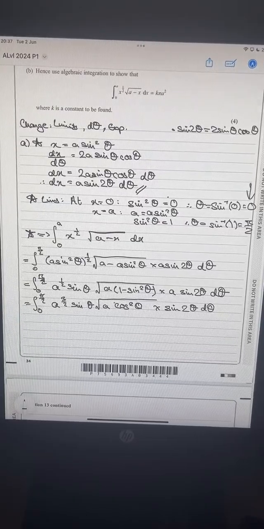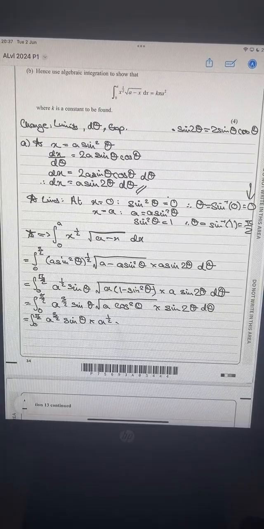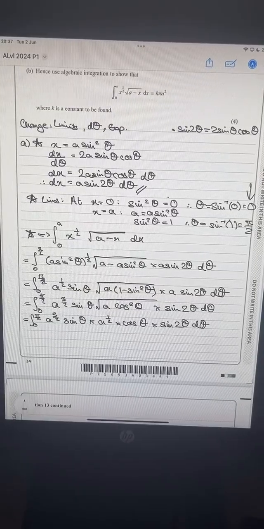Now I'm going to clean up this square root thing here. So I've got 0 to pi by 2 of a to the 3 over 2 sine theta. And then that is times by a to the half times by cos theta. And then I have times by sine of 2 theta d theta.